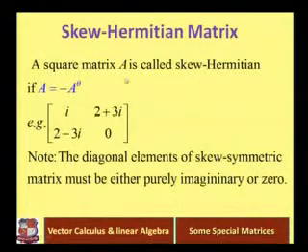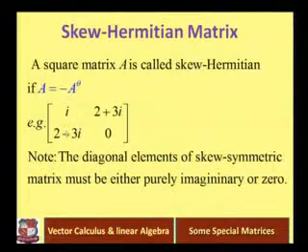Similarly, we define skew Hermitian matrix. A square matrix A is called skew Hermitian matrix if A is equal to minus A theta. For example, i, 2 plus 3i, 2 minus 3i, and 0. If we find its transpose conjugate, the result remains unchanged apart from the minus sign.